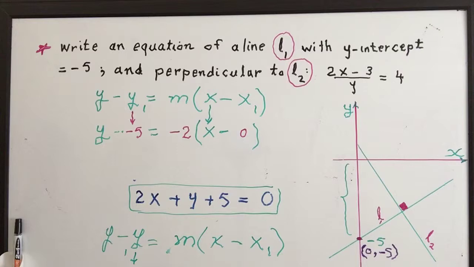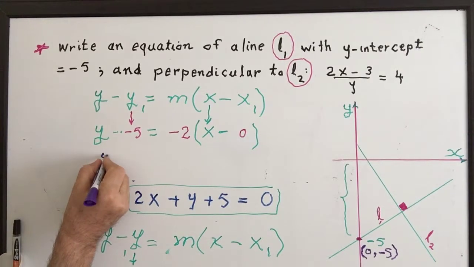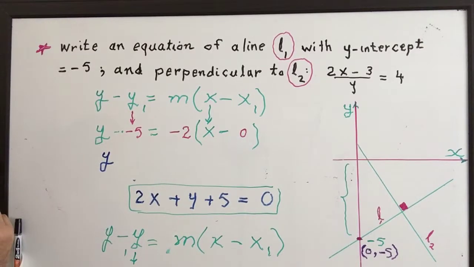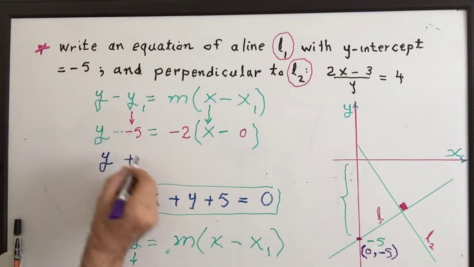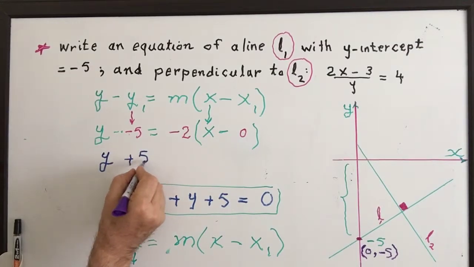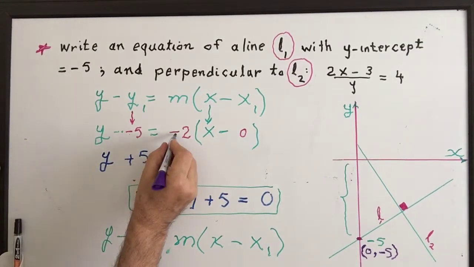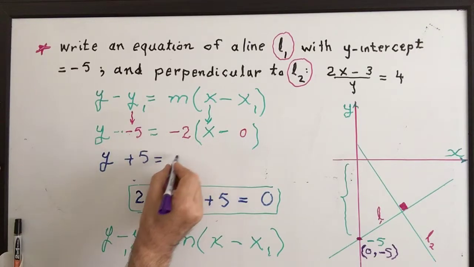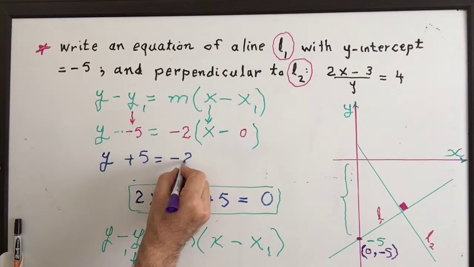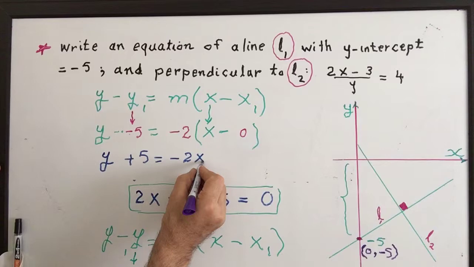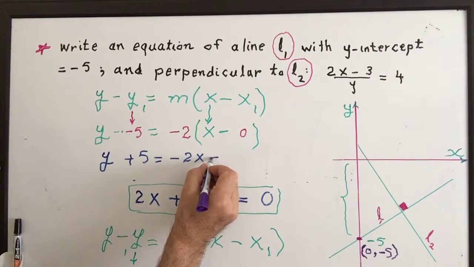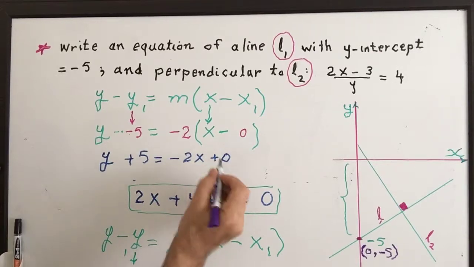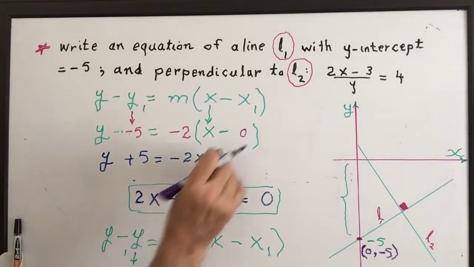To simplify this, we got y plus 5, negative times negative means plus 5, is equal to negative 2 times x, that means negative 2x. Negative 2 times negative 0 means plus 0, so you don't need to write it.